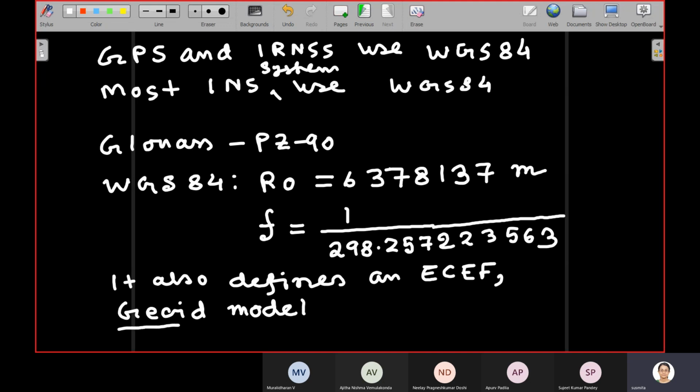So this basically gives the difference between geoid and ellipsoid, reference ellipsoid, as a function of latitude and longitude. So, the geoid model is also defined, and Earth's gravitational model is also provided.